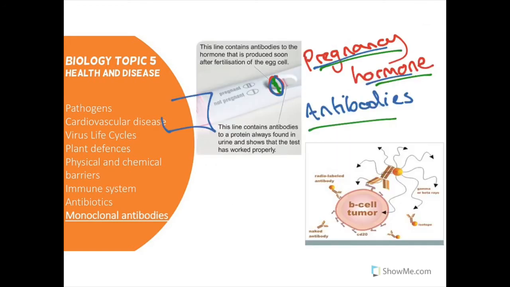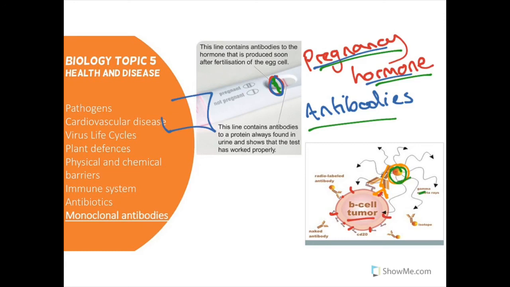In the future, what they think this might be useful for is cancer treatments. If tumour cells have particular antigens on their surface, we could create an antibody which senses that antigen, and we could attach poisons to that antibody, so it would only affect the tumour cells and not the other cells in the human body. We could attach radiotherapy, like things that give out gamma rays.